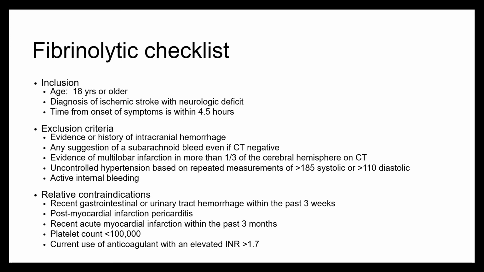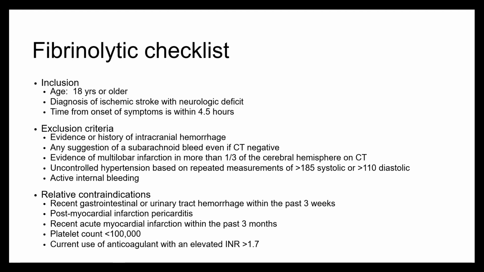Our relative contraindications are a list of criteria that we look at and say, well, this really isn't a good idea, but what we do with the relative contraindications is the physician would need to determine if the benefit of the fibrinolytic outweighs the risk of the contraindication listed here at the bottom.